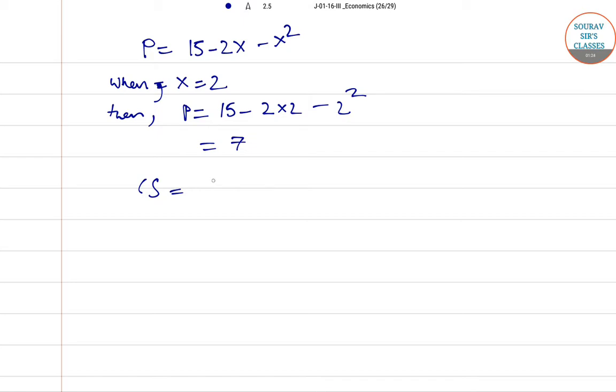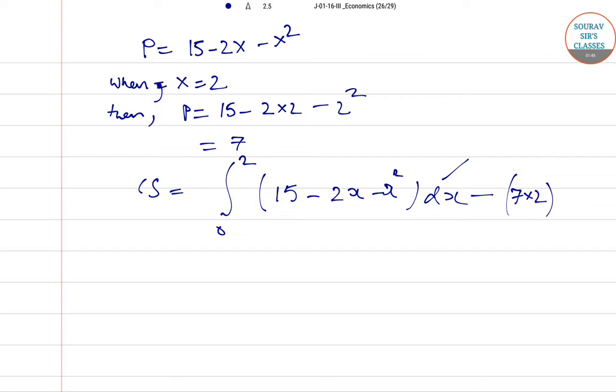For this, we'll simply take the integration from 0 to 2 of 15 minus 2x minus x square dx, minus the 7 into 2. That is, 7 is the price and 2 is the quantity.